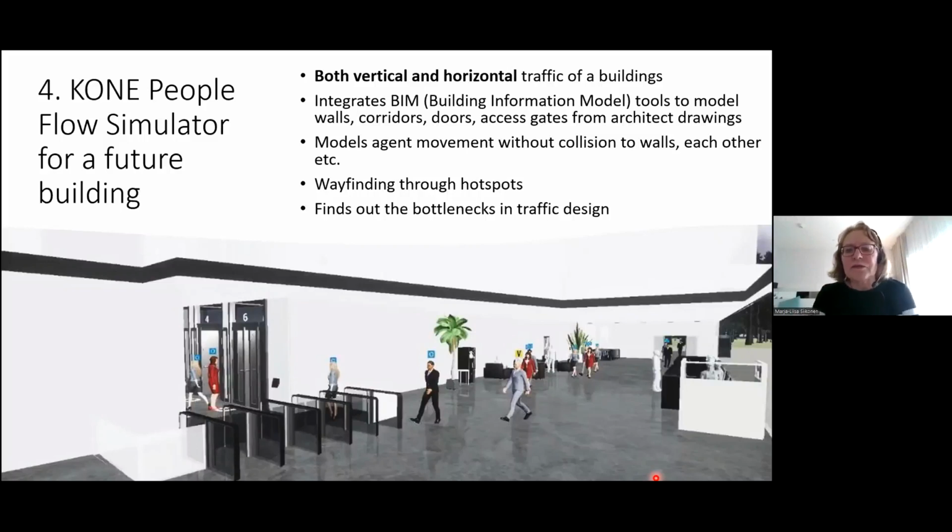So the passengers choose the hotspots that are on their routes and move freely from hotspot to hotspot. And this way we can simulate also horizontal movement and vertical movement, and find out if there are bottlenecks in the building design, transportation design, so that the people have to queue.